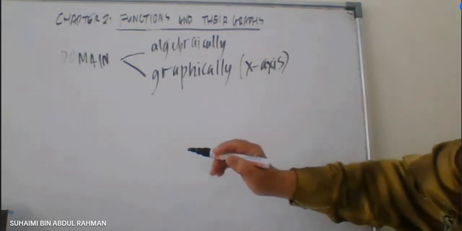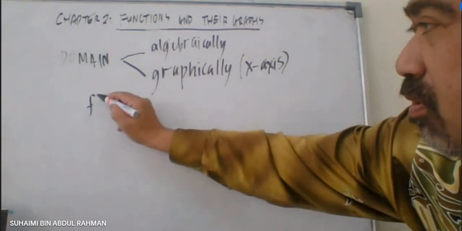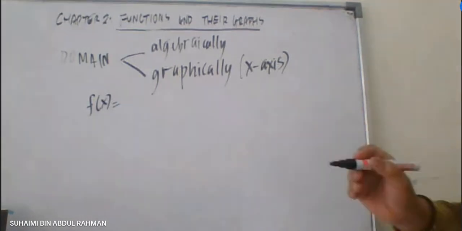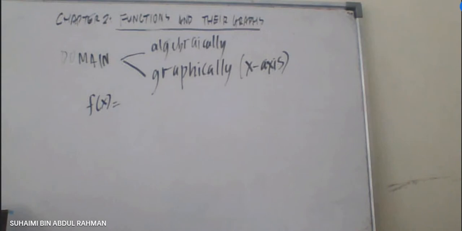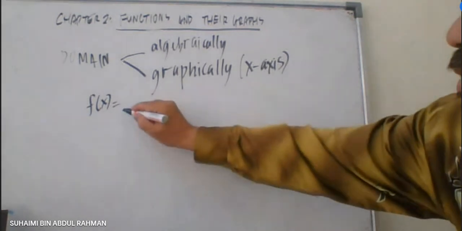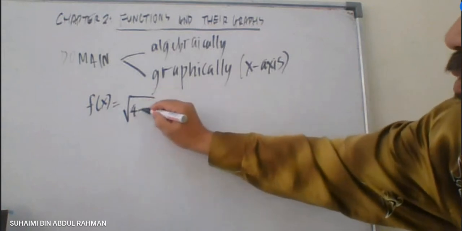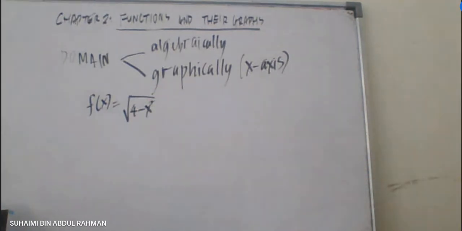For instance, we have one function, f(x) equal to the square root of 4 minus x squared.